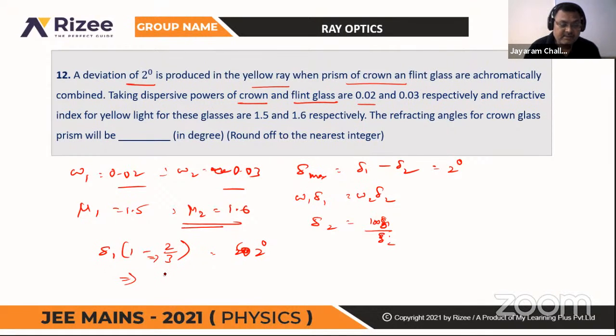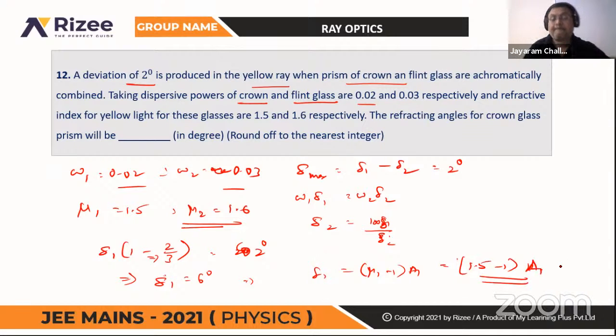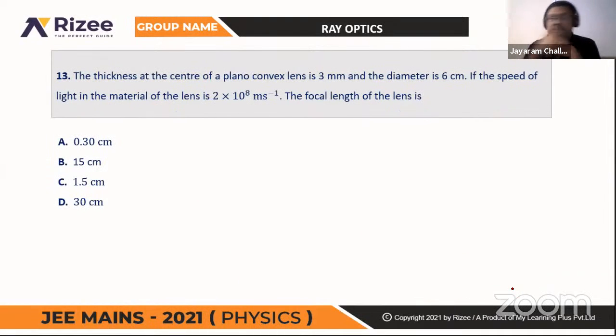That is delta 1 is equal to 2 degrees. Now when you go for solving, you should be getting delta 1 is equal to 6 degrees. But we know that delta 1 is equal to mu 1 minus 1 into a1. From this it is 1.5 minus 1 into a1. So this should be a basic condition. On solving this one, a1 has to be equal to 12 degrees. So this is our question.